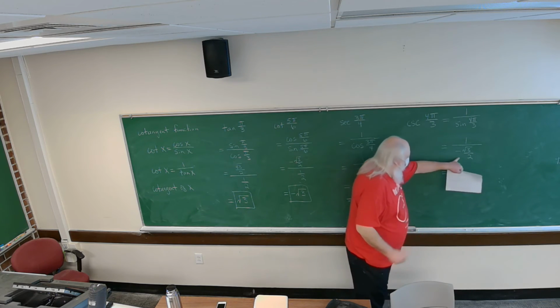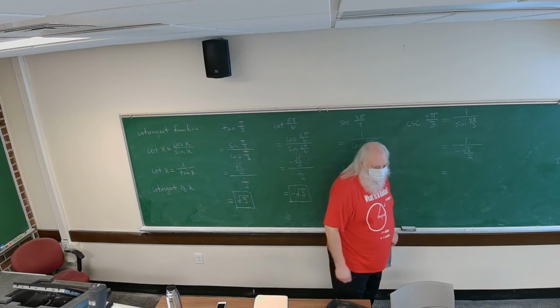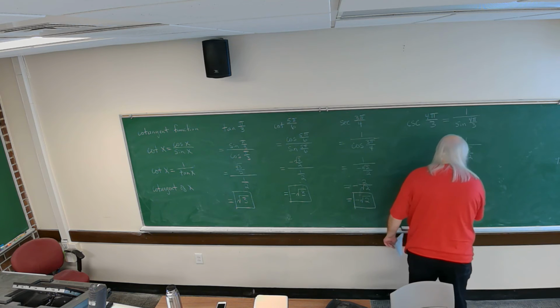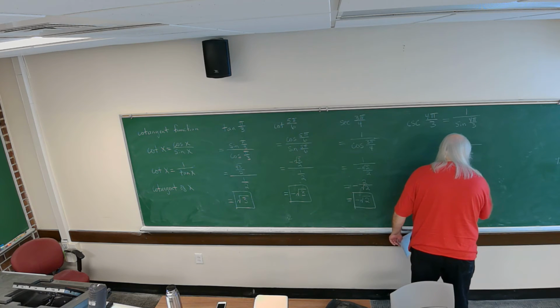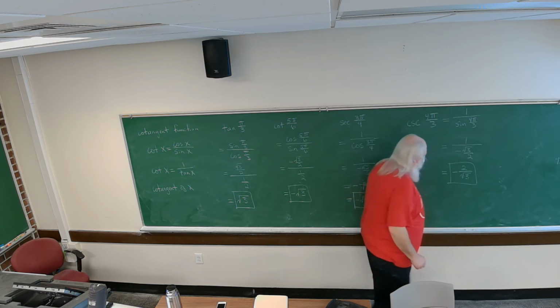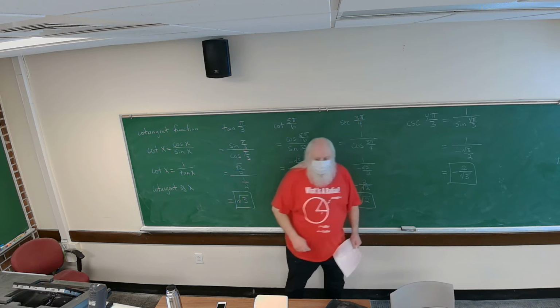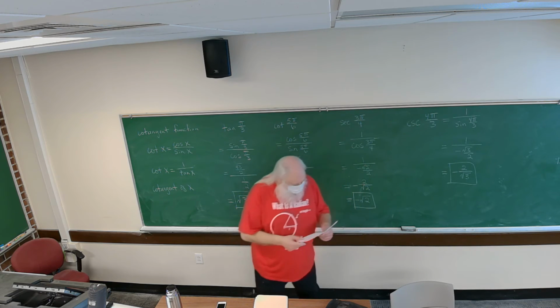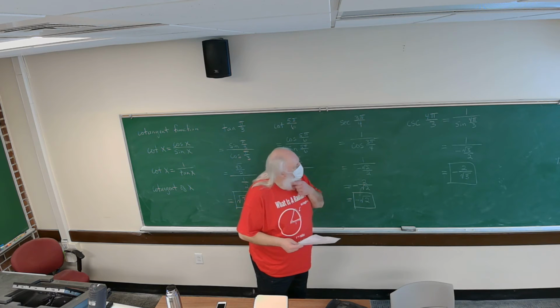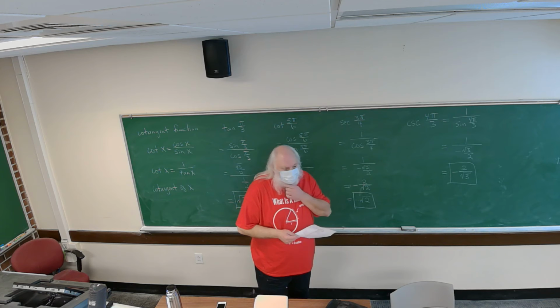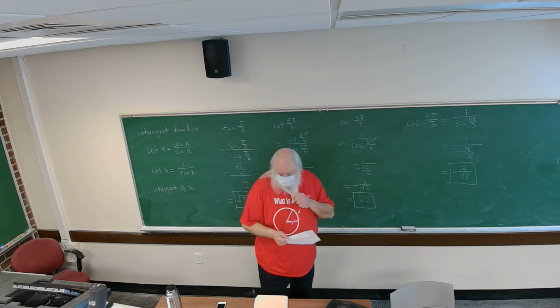So 1 divided by this fraction is just the reciprocal of the fraction. And we have minus 2 over the square root of 3. Now you don't have to rationalize that unless you want to. All right. Any questions on that?